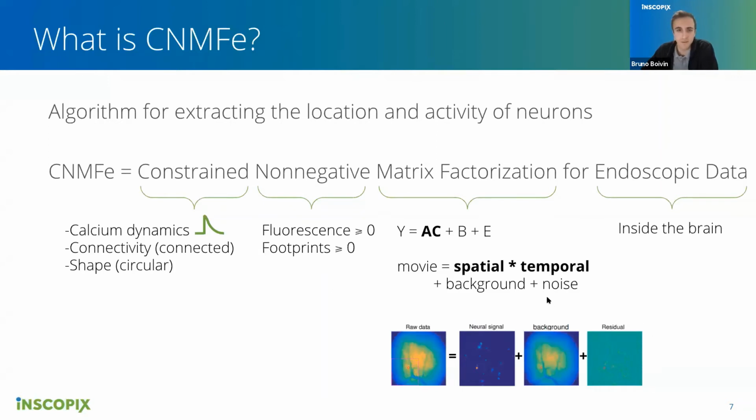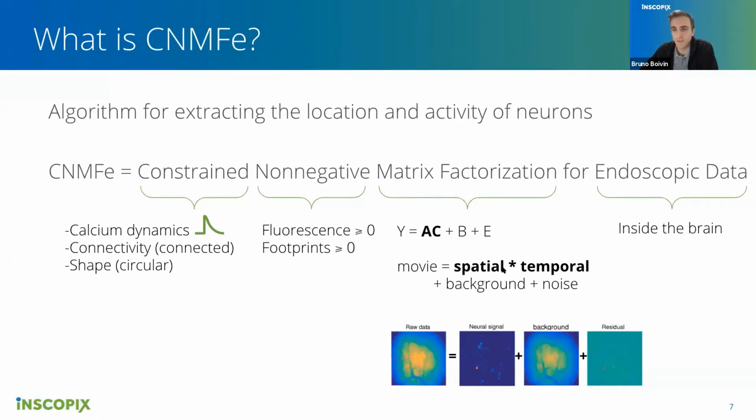One other important thing about this algorithm is that it's constrained in many different ways. Because we know what the temporal activity of the neurons should look like, we can apply a model to the calcium dynamics to make the identification of cells more reliable. We also apply constraints on the shape of the footprints, the shape of the cells.